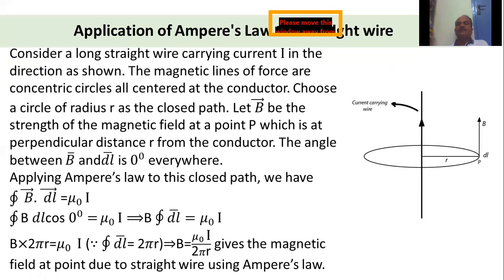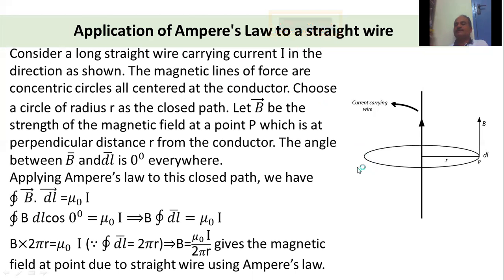Now we will apply this Ampere's circuital law to the straight wire. For that, consider a long straight wire carrying a current I in the direction shown in the figure.